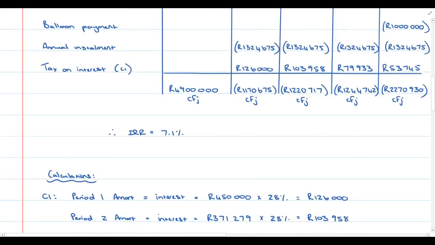You would then use the after-tax cost of debt as your discount rate, so the rate on similar loans or the market-related rate, and you would then solve for the net present value, or in other words, the net present cost, which is more accurate terminology over there. And that would then give you the net present cost, obviously. All right, so that's just the difference between the two methods over there. All right, but that deals with option 1.